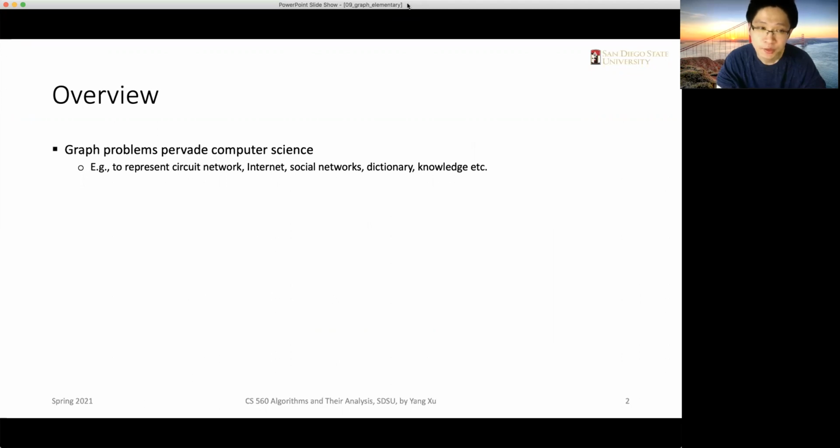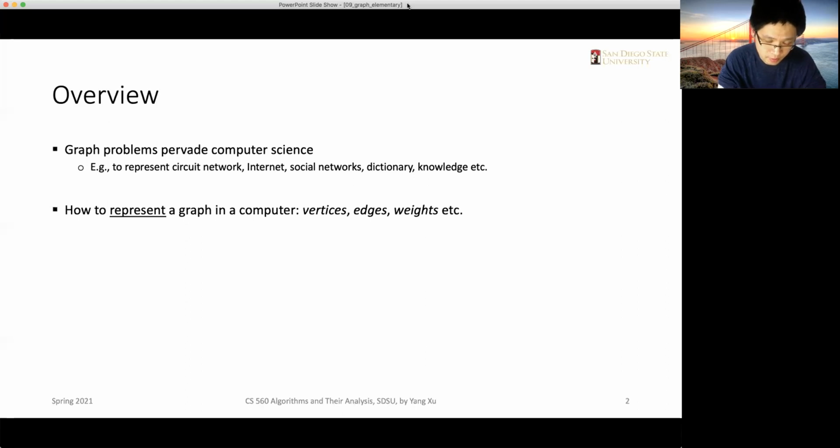It's basically everywhere in computer science, in the discipline. So for example, we can represent the circuit network, the physical network, the internet, social networks, and even a dictionary, a knowledge base, all these data structures, all this knowledge can be represented using a graph approach, using the graph concepts.